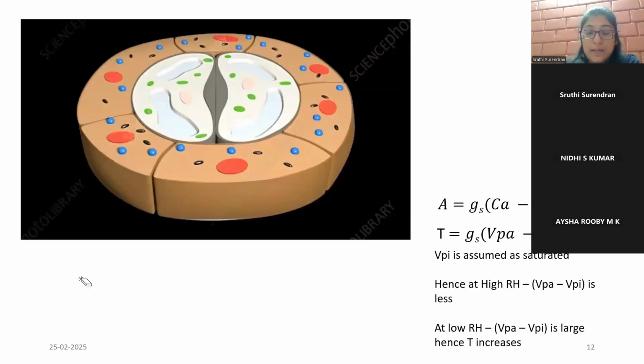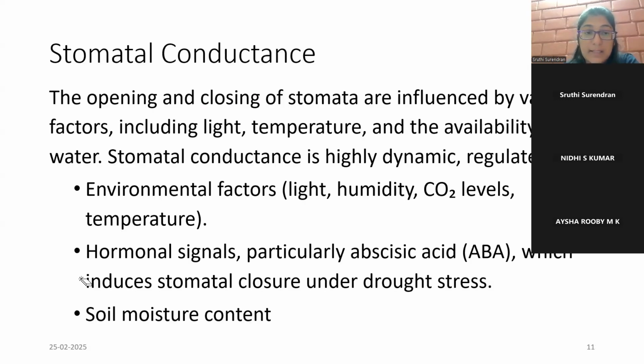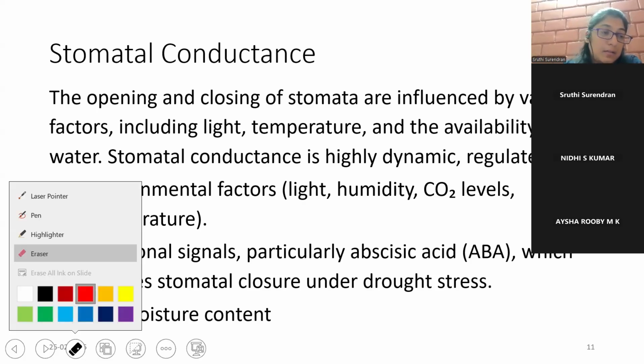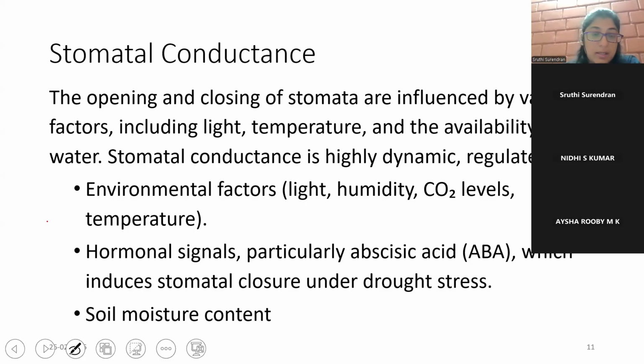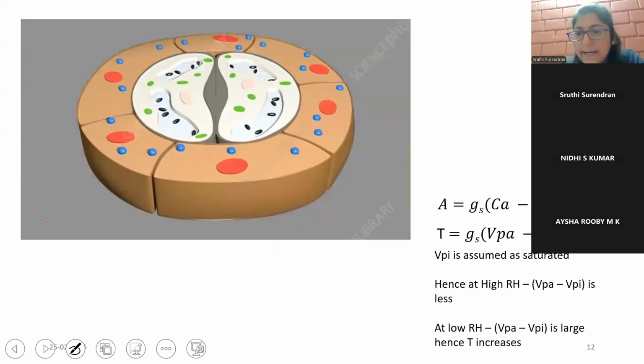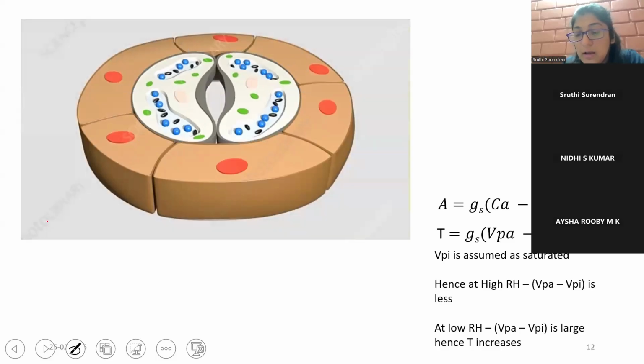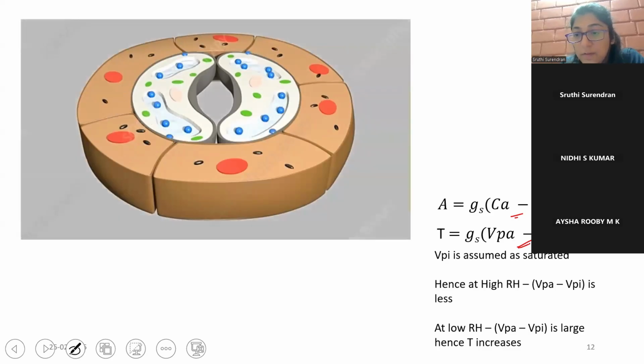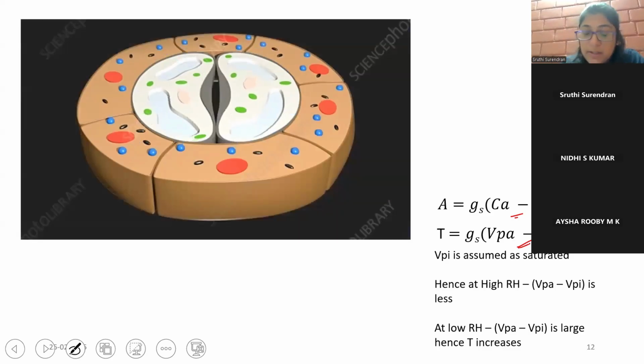So what we will be looking at in detail is the environmental factor called humidity first, and then eventually we'll go to the next factors. Earlier, I talked about the concentration gradient here and vapor pressure over here. Now, what we are going to focus on is this vapor pressure deficit.